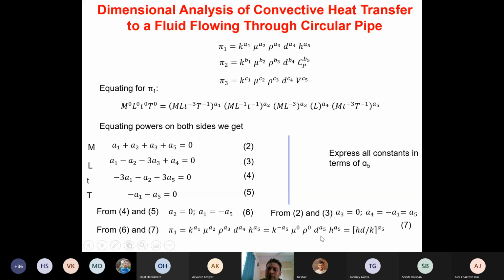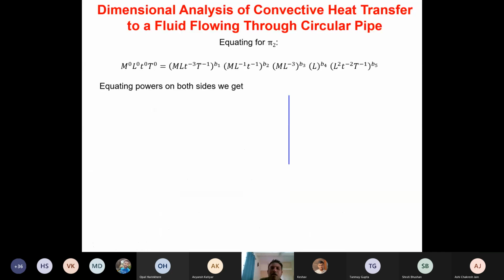And D raised to the power A4, which is A5, and H raised to the power A5. So if we put all these exponents here, we get pi1 as HD by K raised to the power A5. This is nothing but the Nusselt number. Remember, HD by K is nothing but the Nusselt number. So this is the first dimensionless group we have obtained.